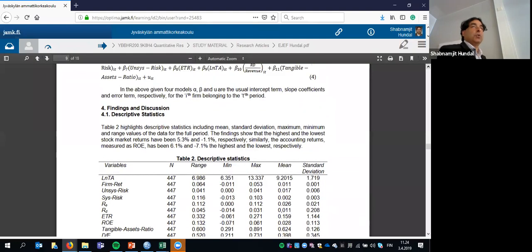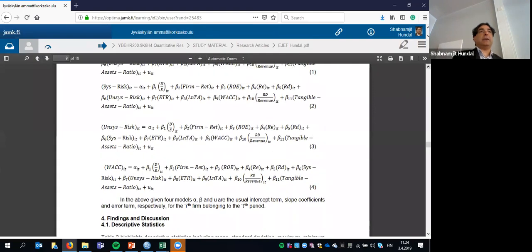What I said so far: have the hypothesis, then come the information about the data source and data period. If you have some sub periods, then how you define your variable, how you measure them, and finally how you put them in the form of some model, how you will test them.